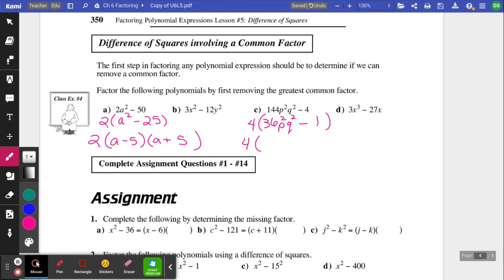Does 1 have a square root? Yeah, it's 1. 1 times 1 is 1. So now we'll go to 2 brackets. What will go in the first slot? 6pq and 6pq. What goes in the second spot? 1. And then 1's a plus and 1's a minus.